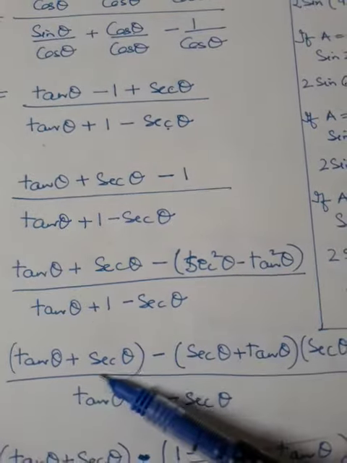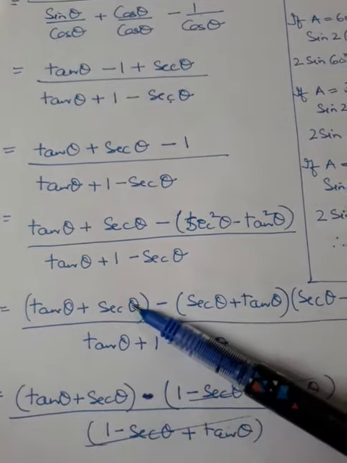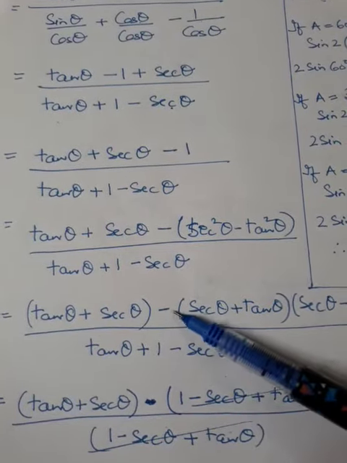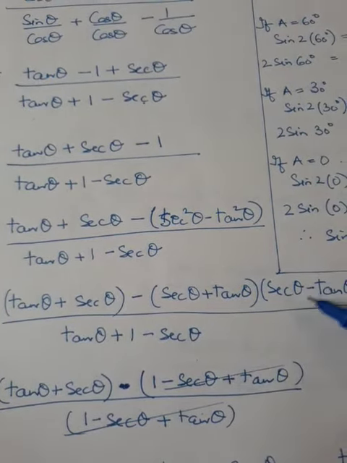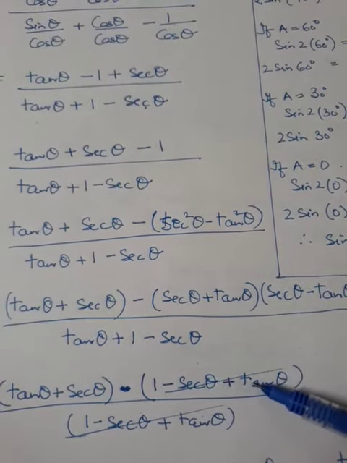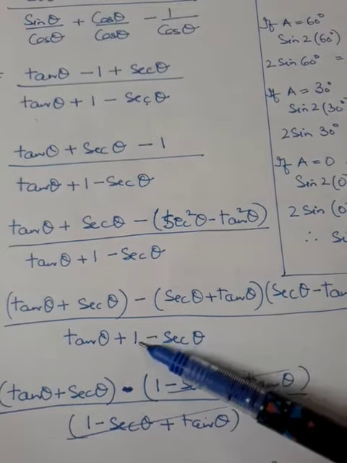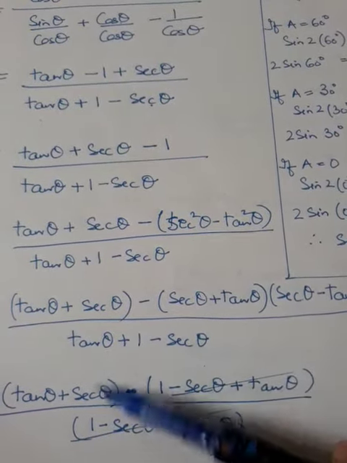Then from these two we have taken tan theta plus secant theta common. From here we will get 1 minus secant theta plus tan theta. So this is the same as the denominator, that is 1 minus secant theta plus tan theta.